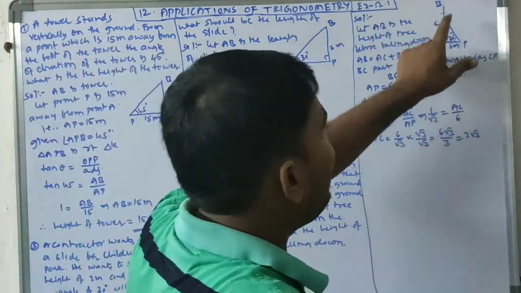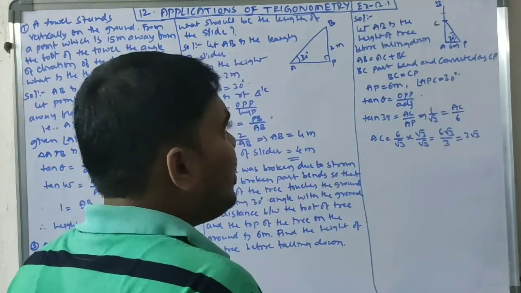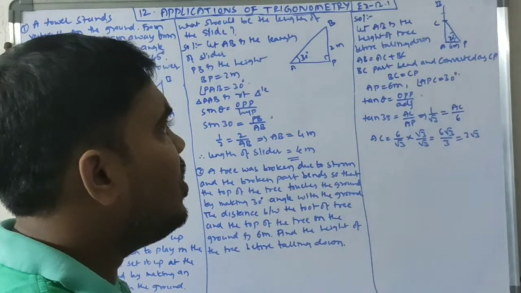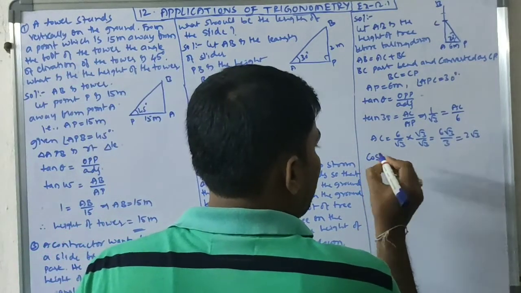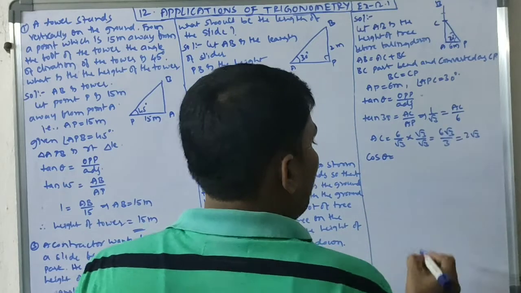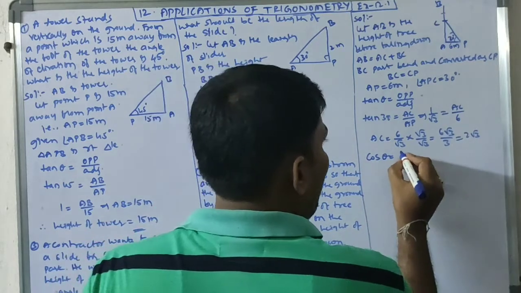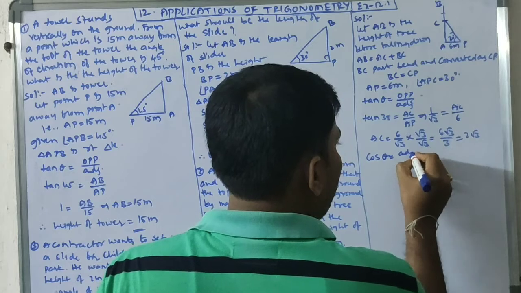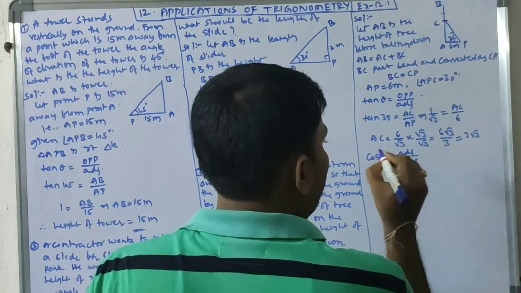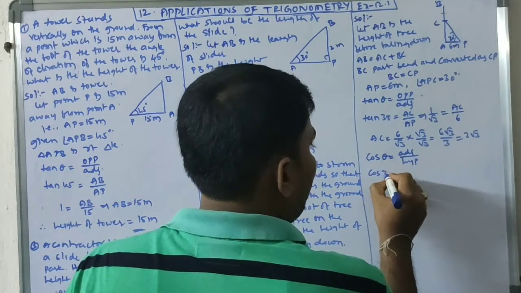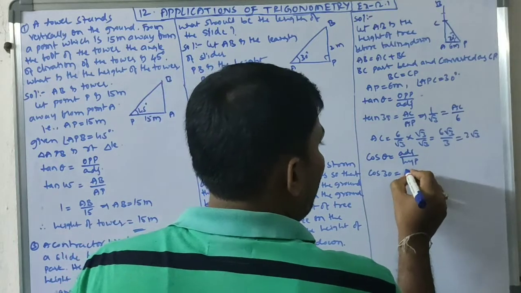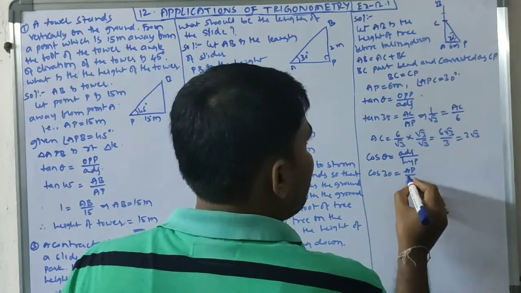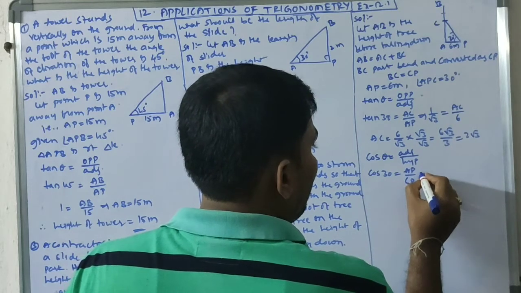So we got AC. I want CP. CP is hypotenuse. The relation between adjacent and hypotenuse is cos theta equal to adjacent side by hypotenuse side. So cos 30 is equal to adjacent side AP by hypotenuse CP.